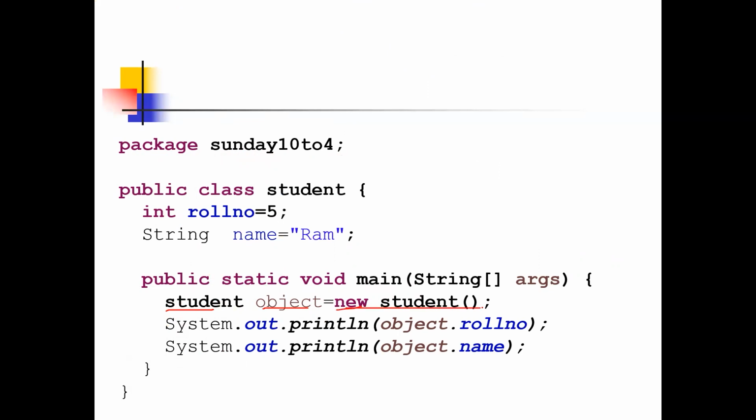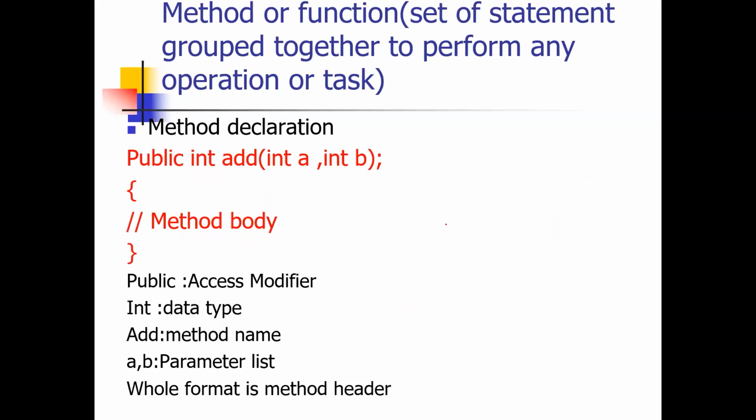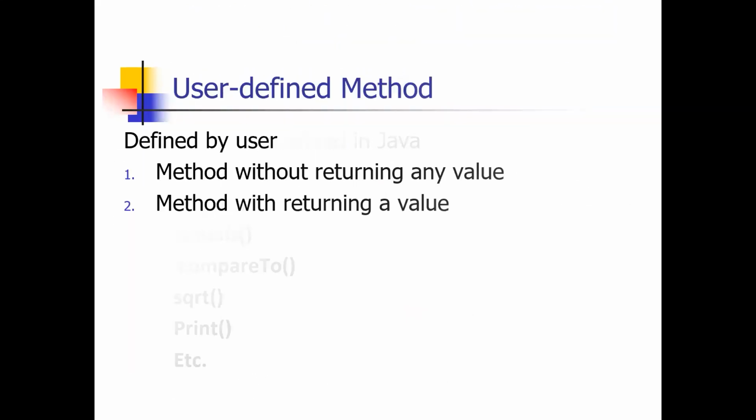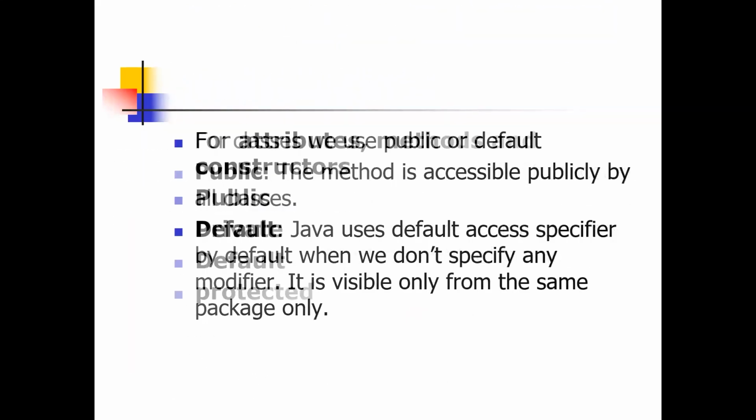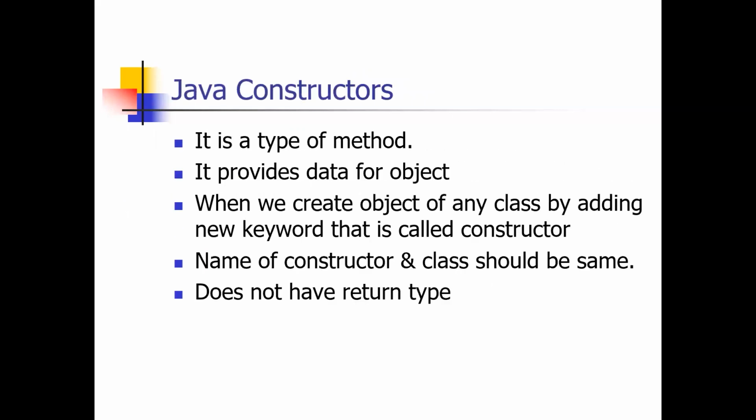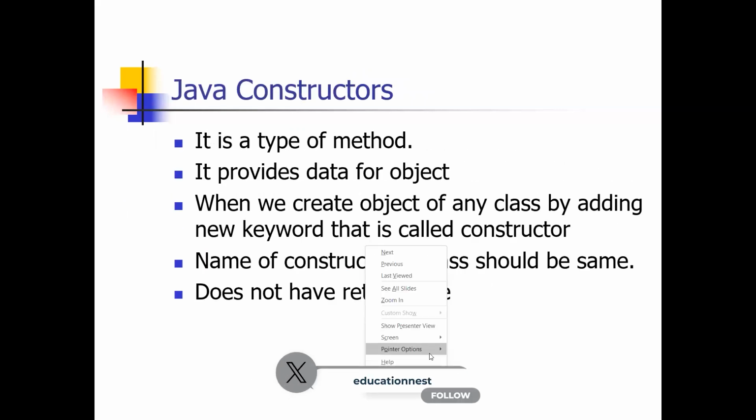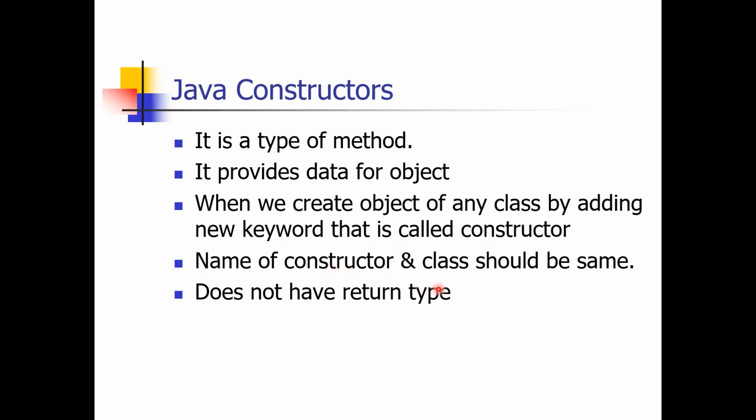So this now becomes the constructor. When we create an object of any class by adding the new keyword, that is called a constructor. The name of the constructor and the class should be the same, and it does not have any return type.